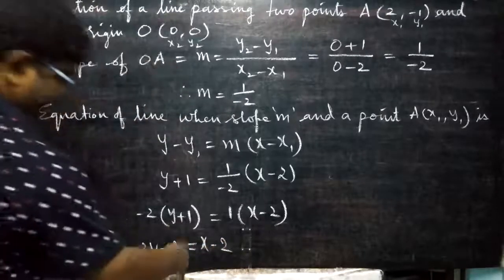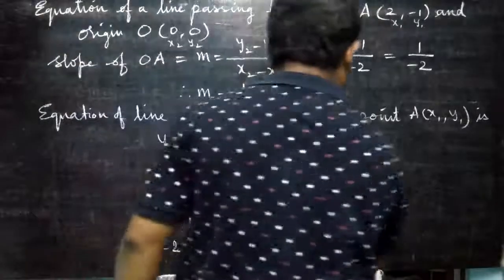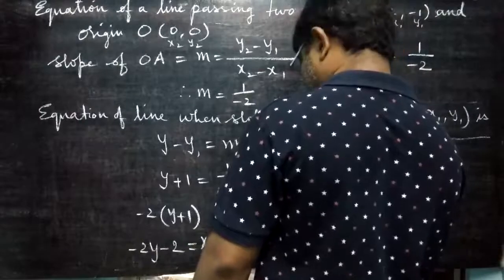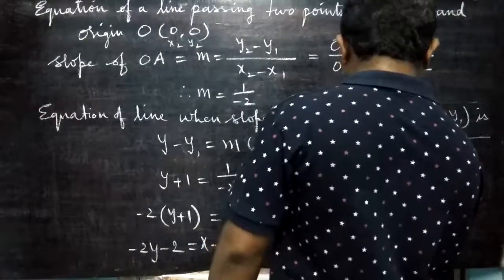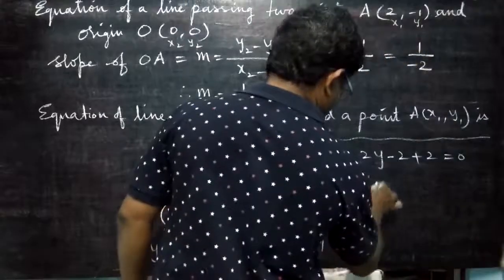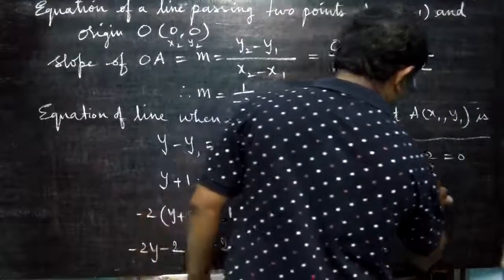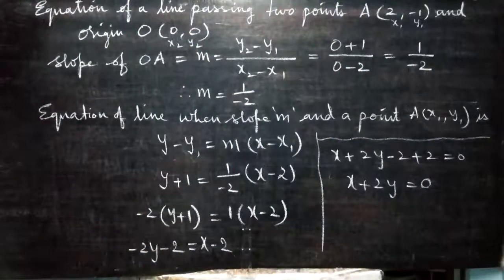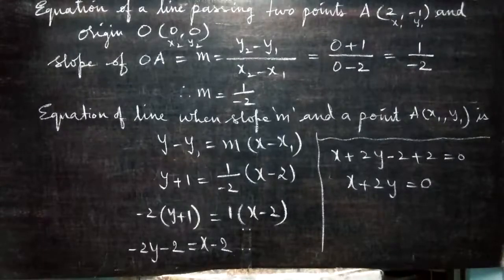Bring these left ones to right side. So what will be the answer means x plus 2y minus 2 plus 2 is equal to 0. x plus 2y is equal to 0. Therefore, the equation of the line is x plus 2y is equal to 0.